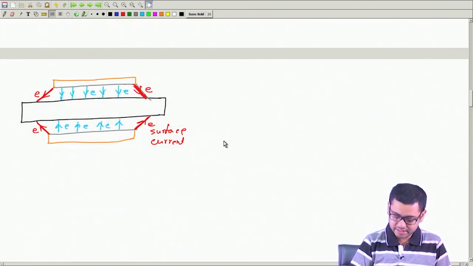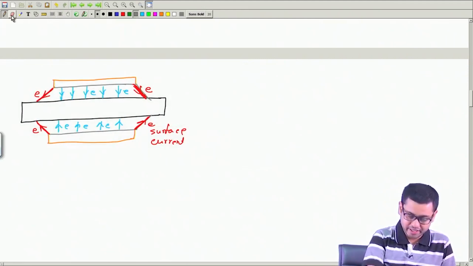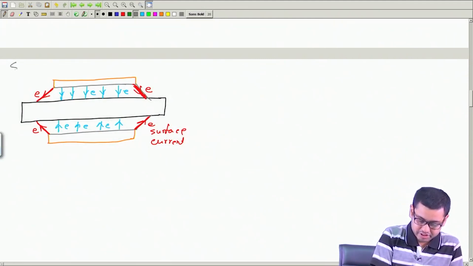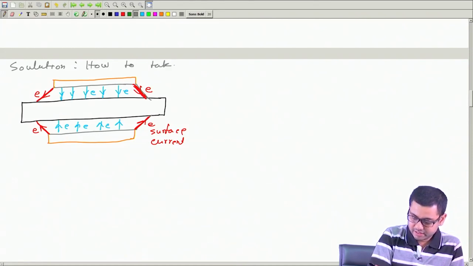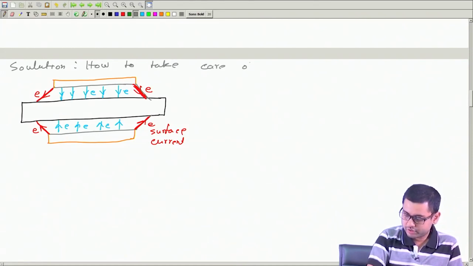Now, let us see the solution, how to take care of surface conductance.